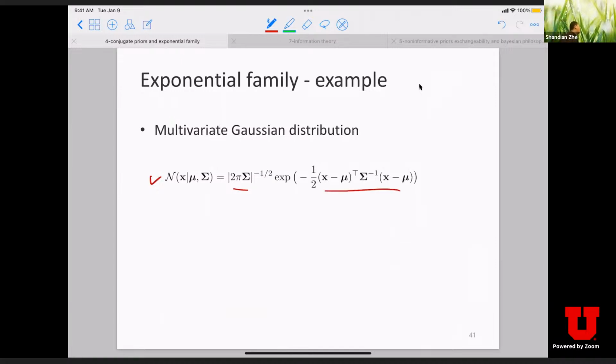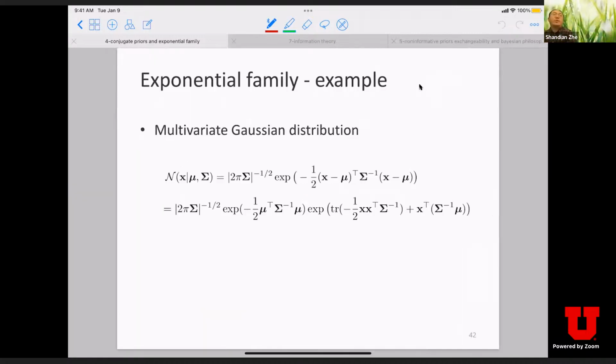Now let us try to convert it into a standard exponential family distribution. This is relatively straightforward because the Gaussian distribution itself already contains an exponential term. What we need to do is just expand the quadratic form and then extract out the terms that contain x.